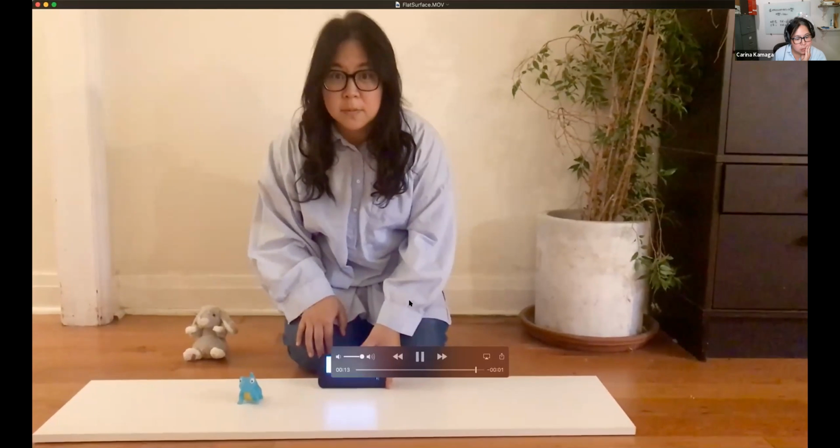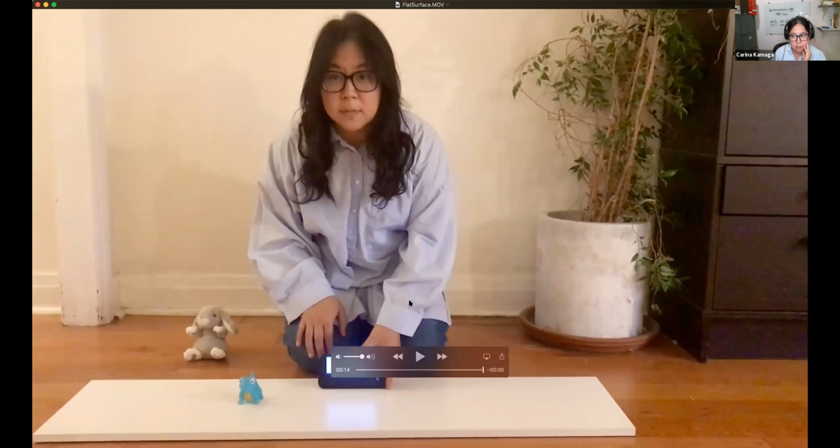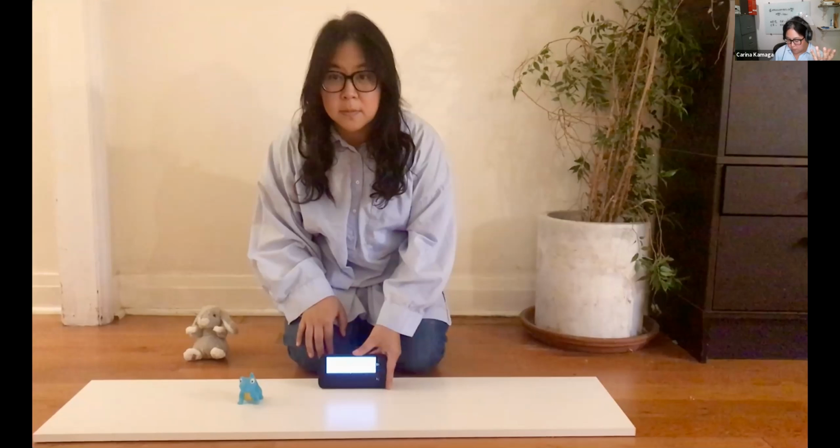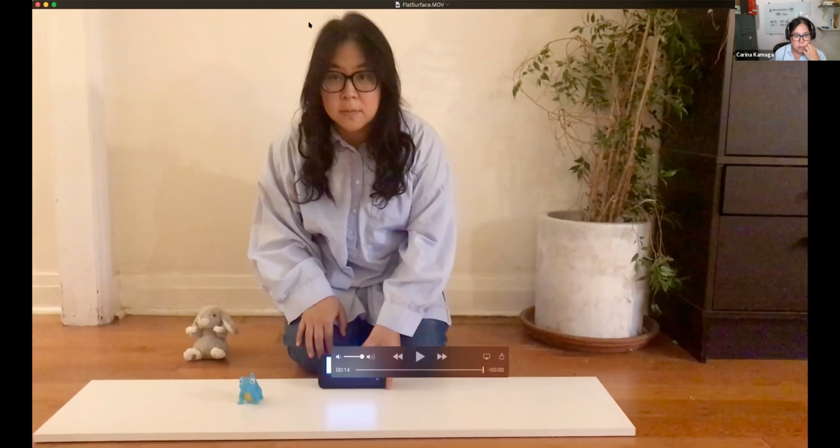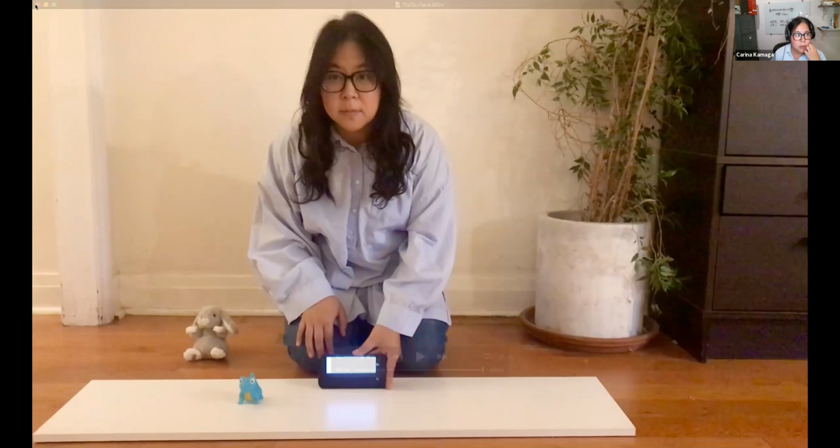It should be reading 0. You might not be able to see it, but the dinosaur is on the flat surface. Do you have any friction force applied? We said no. But what happens? It's just the exact same object. I'm not changing anything. What happens in this case?